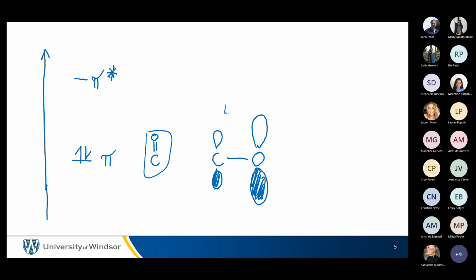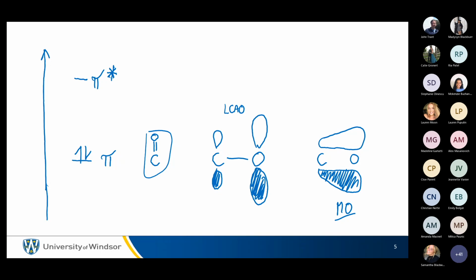This is like the LCAO model, linear combination of atomic orbitals. If I want to draw it as a molecular orbital, it's going to look something like that, where I've fused the orbitals together, showing the electron density in the bond.